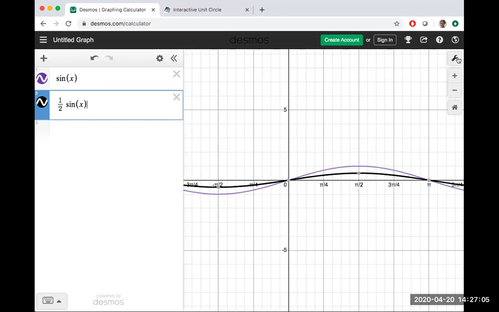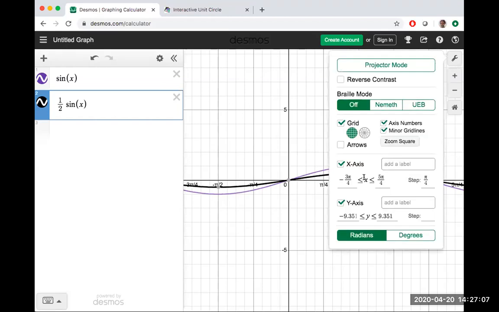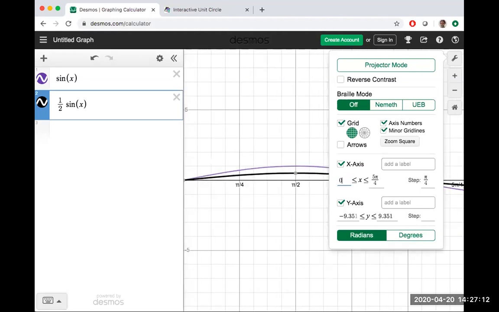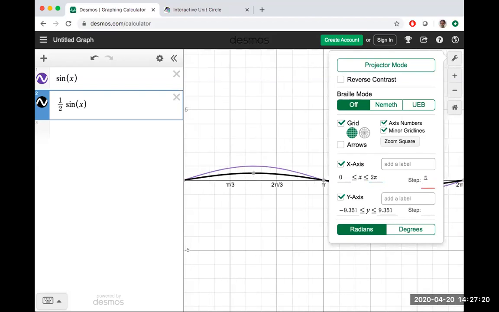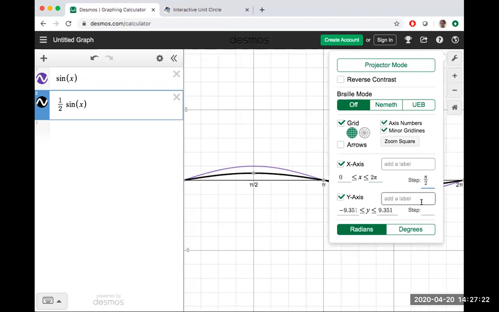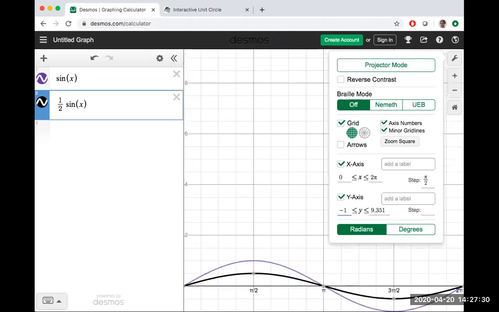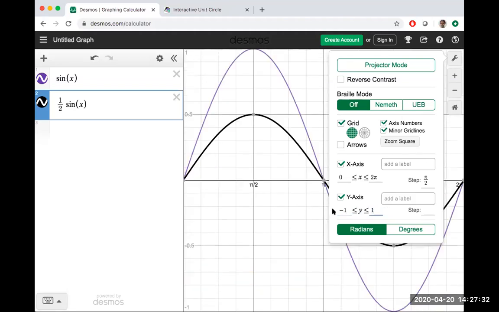And then I'm going to put this between 0 and 2 pi. And I'm going to make this step pi over 2. For the min y value, I'm going to put -1, and I'm going to put +1.